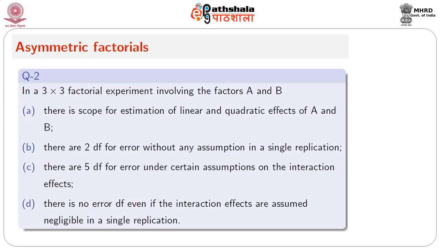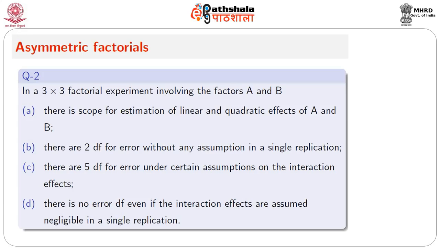Now, for a single replication, there is scope for estimation of linear and quadratic effects of A and B. The answer is yes. There are 2 degrees of freedom for error without any assumption in a single replication. Unless you make any assumption, you cannot get error degrees of freedom because everybody is accounting for either an effect or an interaction. There are 5 degrees of freedom for error under certain assumptions on the interaction.